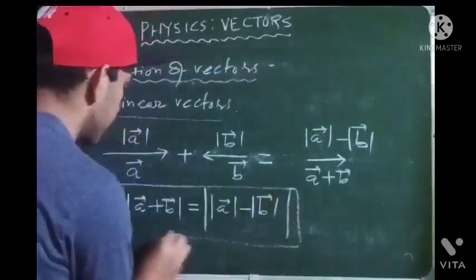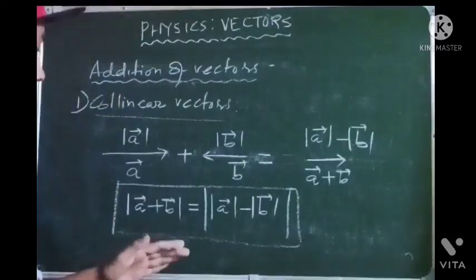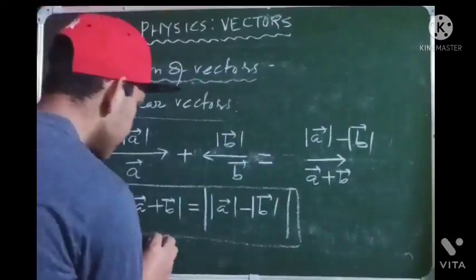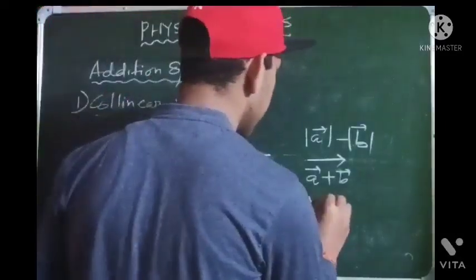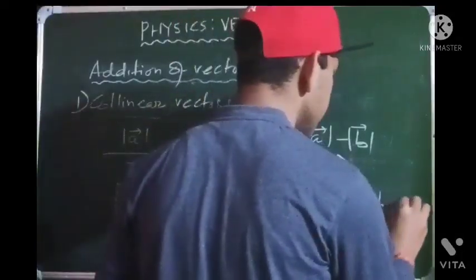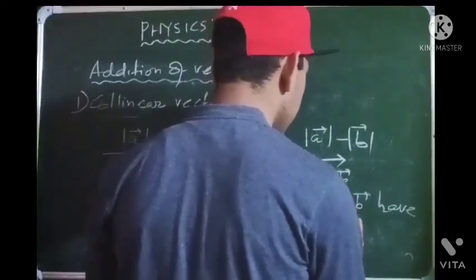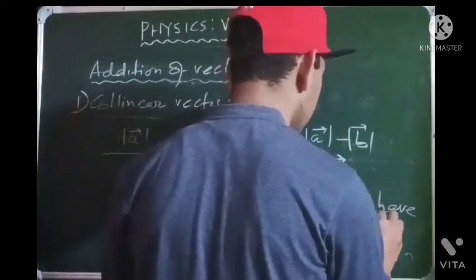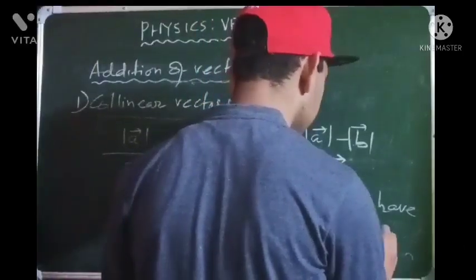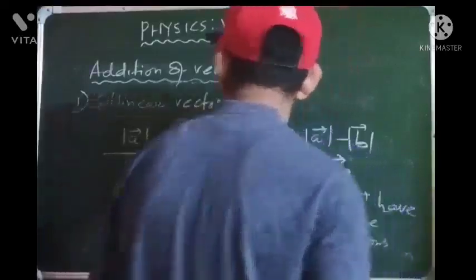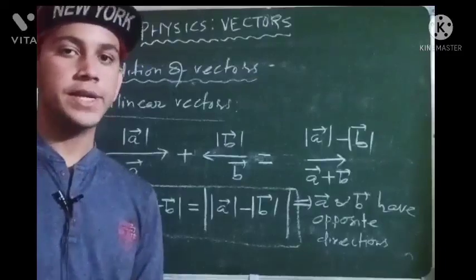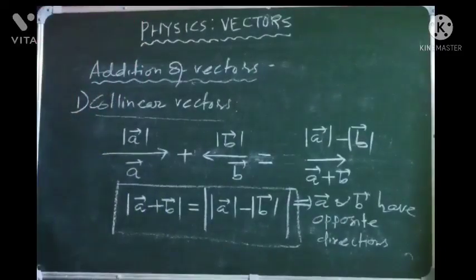Suppose we are given this statement, then this statement infers that the directions of A vector and B vector are opposite. It implies that A vector and B vector have opposite directions. In this way, we can add collinear vectors.